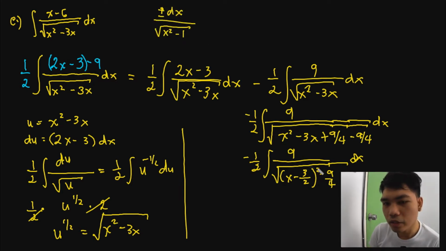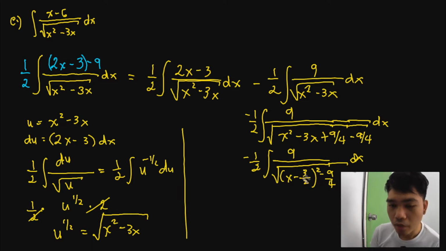So this one is an extension lang nun, kasi kung halimbawa yung x squared natin is hindi siya x squared, let's say ito ay x, kaya nito x minus 3 halves, pero naka-square pa rin siya. So basically same lang din siya, extension lang siya, kasi constant lang naman yung ating sinusubtract dun sa x.